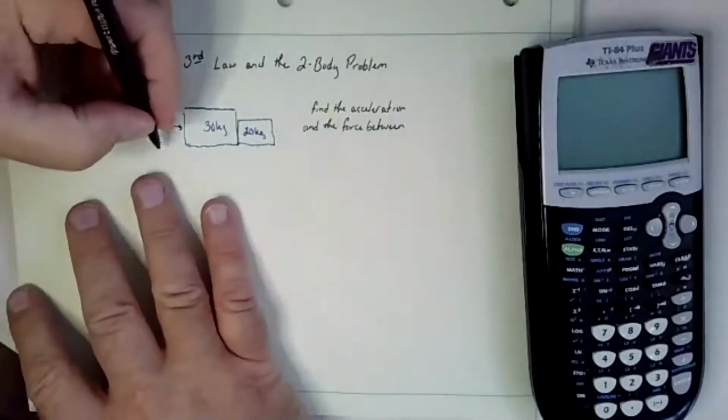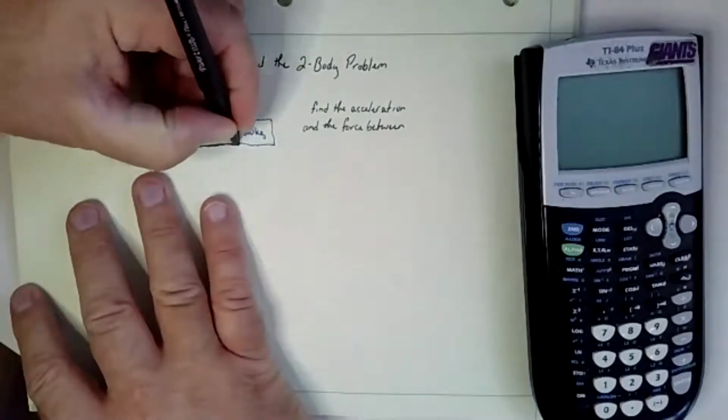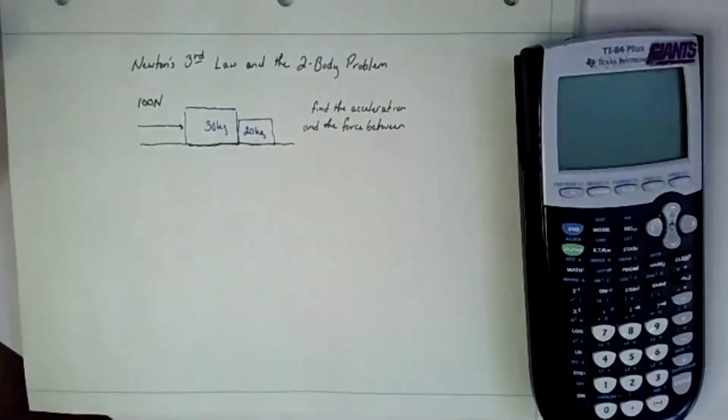Of course, these are resting on a surface, which will enable us to put a spin on it and turn on friction as well. So I'm going to share my screen, and we're going to take a look at some files that are loaded up on Canvas. I just call them the donkey and the cart.